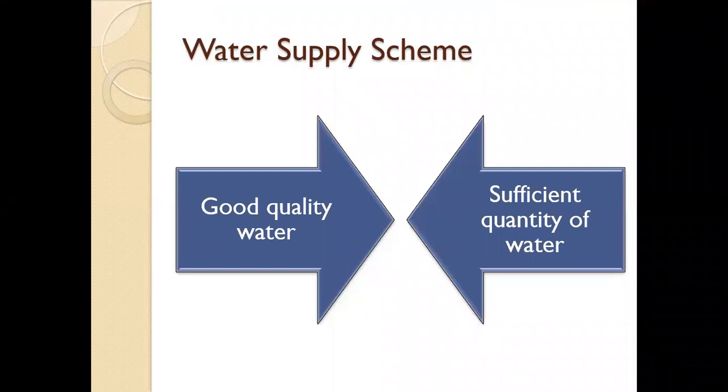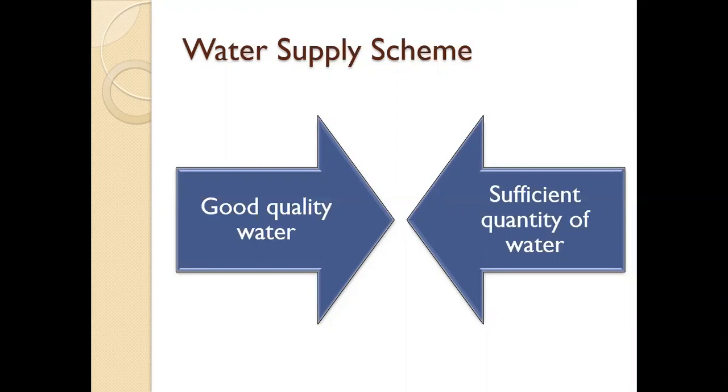So for the provision of good quality water and also for a sufficient quantity of water, the water supply scheme should be designed. Now what is this water supply scheme? See, this is the general management of water directly from the source itself to the ending point, like the usage, right?